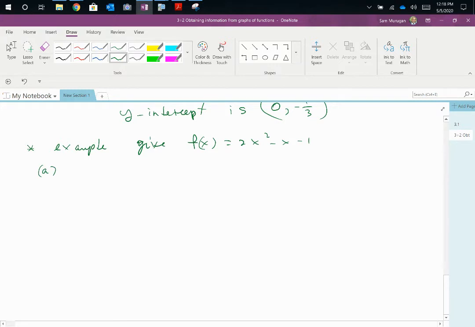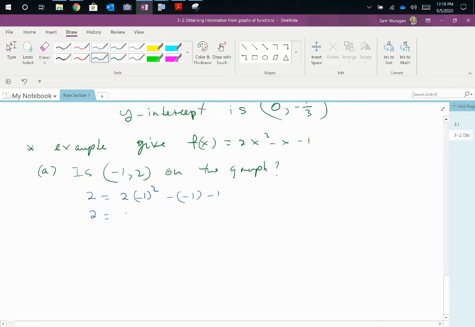A: is -1 and 2 on the graph? So substituting, we've got 2 is equal to 2 times -1 squared minus -1 minus 1.